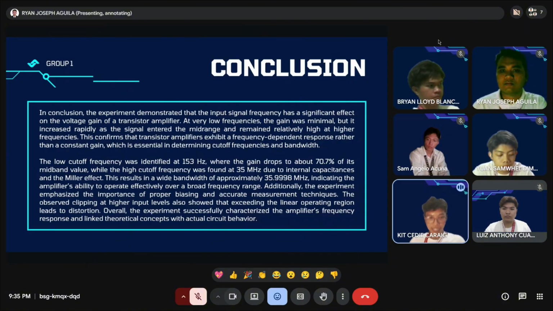This also highlights the importance of proper biasing in our measurements, while the observed clipping demonstrates the limit of linear operation. So overall, the experiment successfully showed the frequency response behavior of the transistor amplifier.